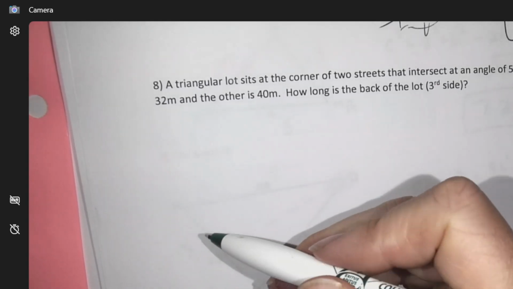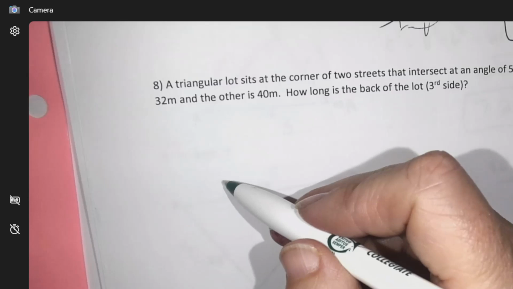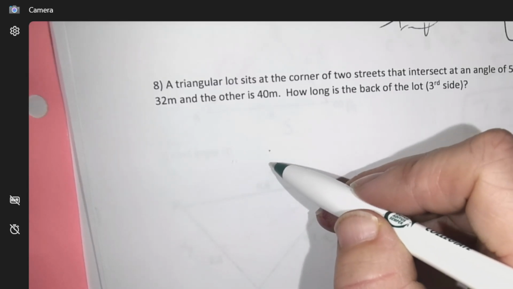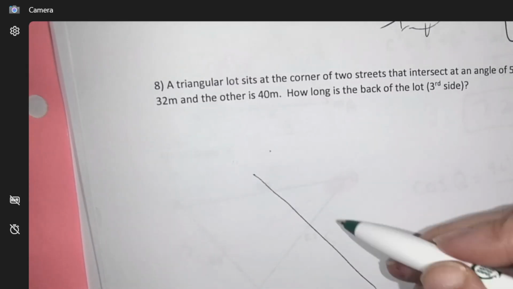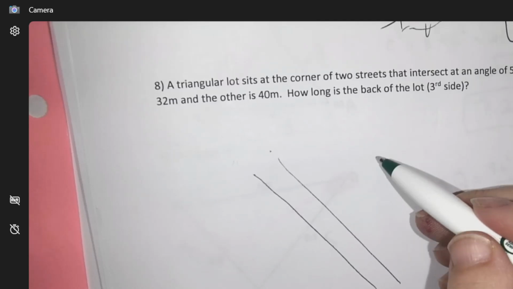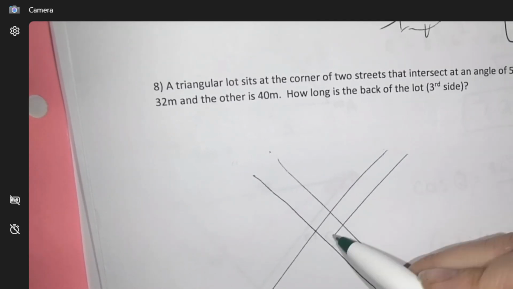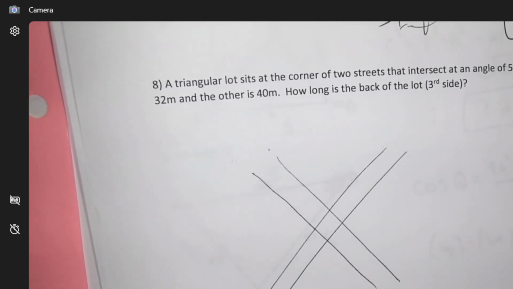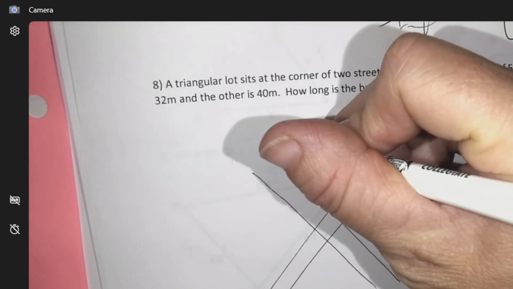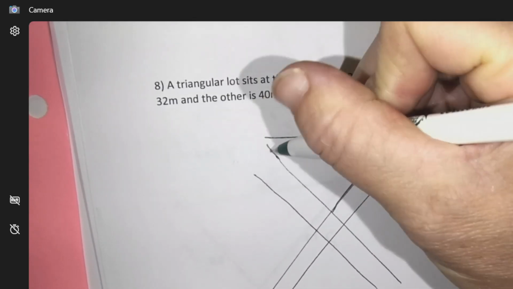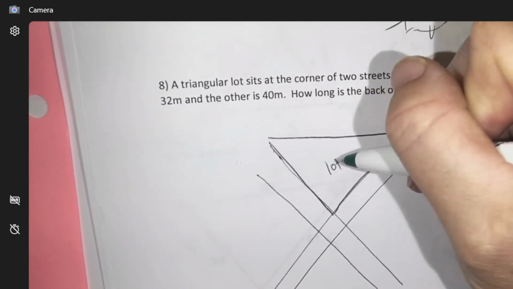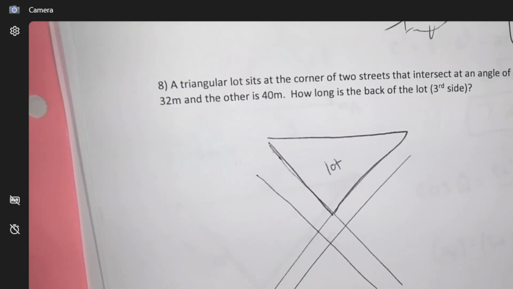All right, last question. A triangular lot, so like where you would build a house, sits on the intersection of two streets. So two streets intersect, and then there's a triangle lot.